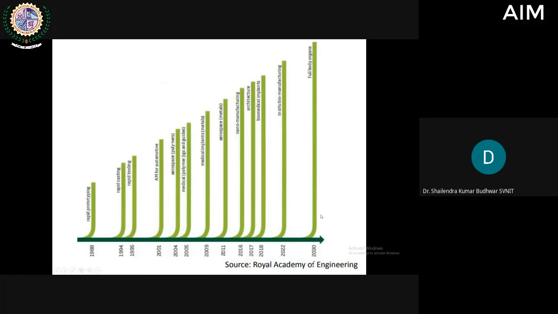So in 3D printing, you can see the timeline. First 3D rapid prototyping was started by Charles Hull, who was the co-founder of 3D Systems in USA. In 1986, he launched a 3D rapid prototyping technique called stereolithography.